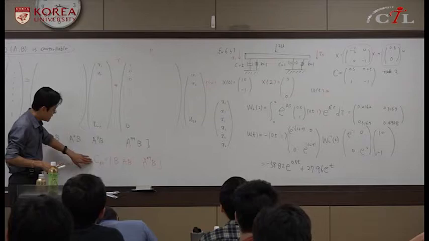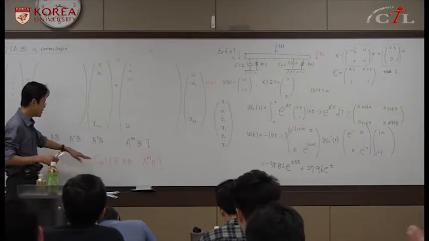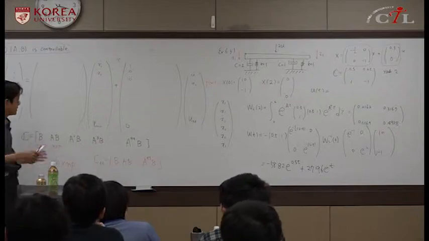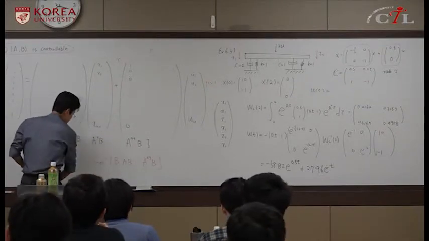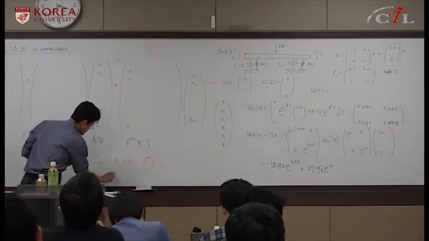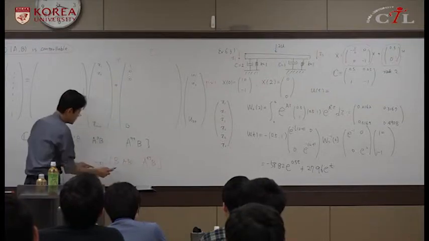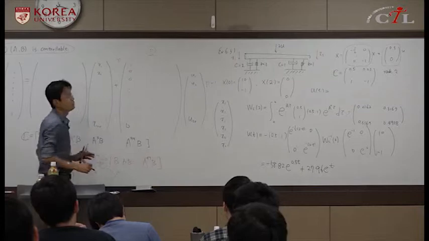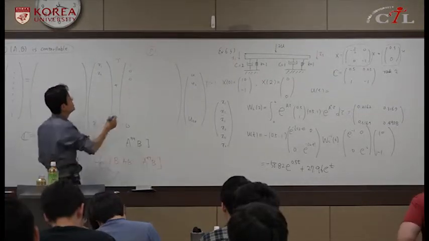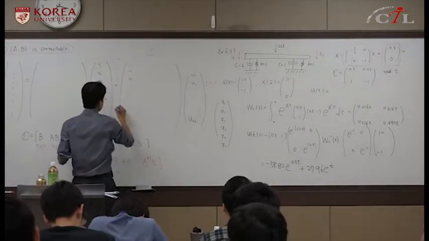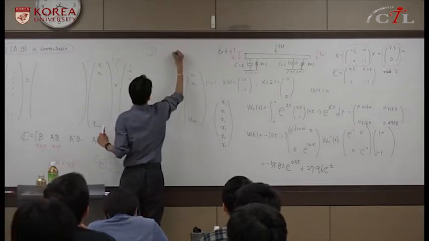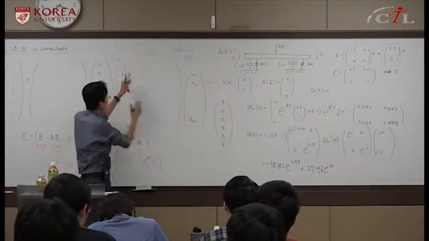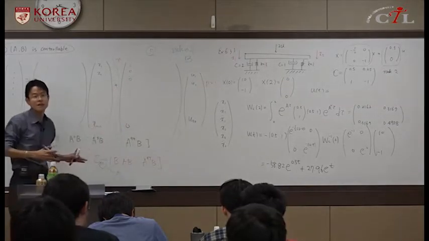And if we check the rank of this, then we might be able to check whether the whole system is controllable or not. Here, this should have some relationship with P, right? But rather than P, this should be related to the rank of B, because the columns could be linearly dependent.